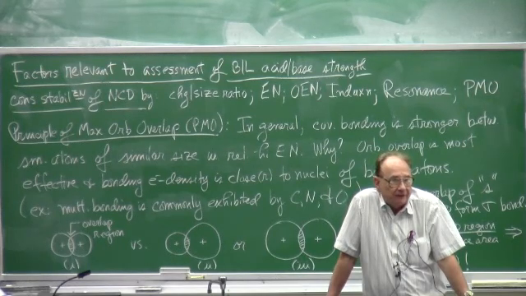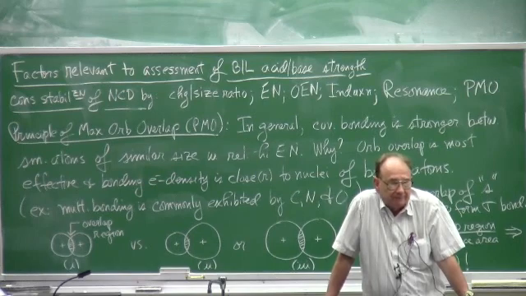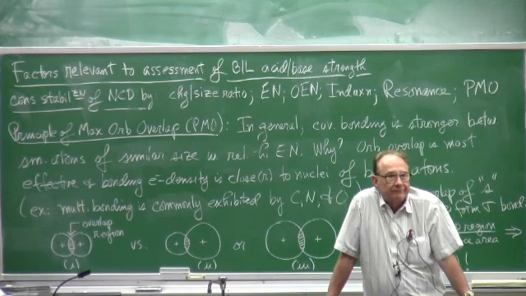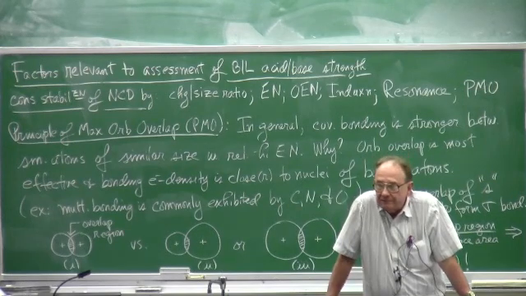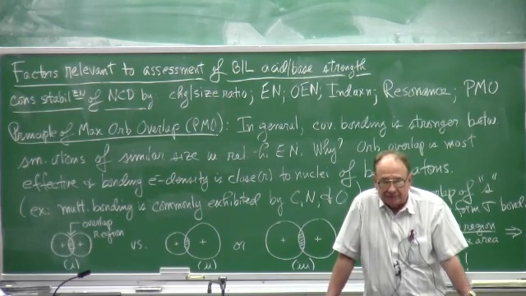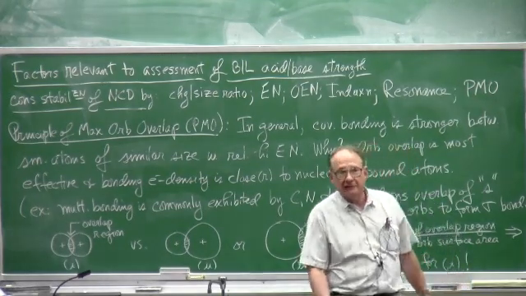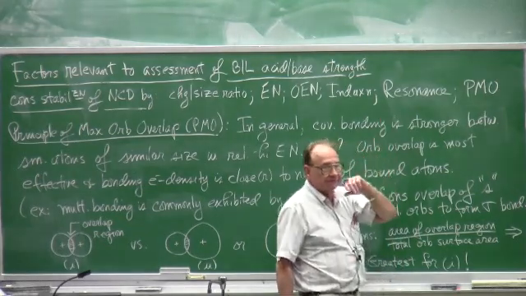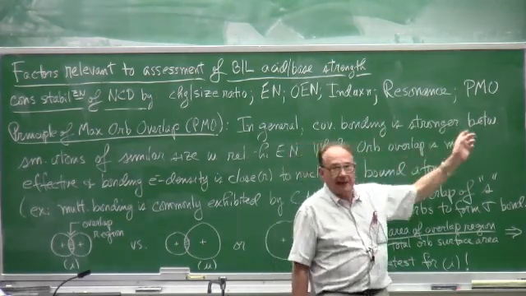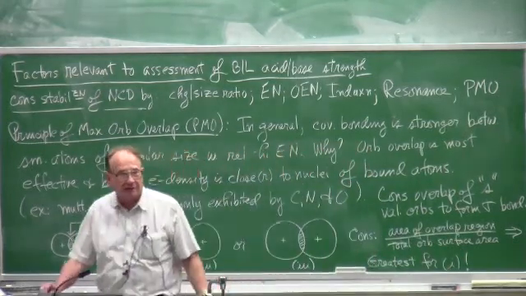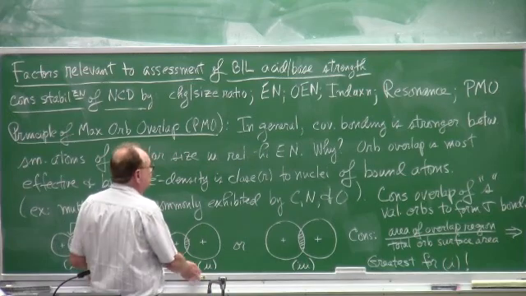Keep in mind that induction depends upon proximity to the site of development of negative charge, to atoms which can stabilize negative charge density by induction, atoms of substantial electronegativity. Resonance. And now, the principle of maximum overlap, which in the main is a theoretical consideration, but it applies.